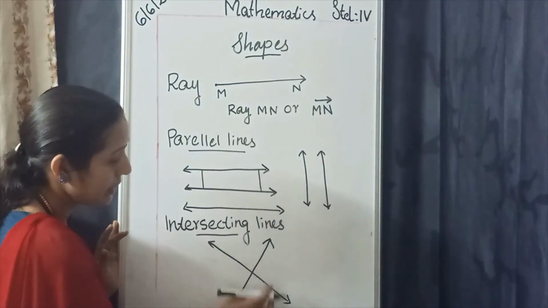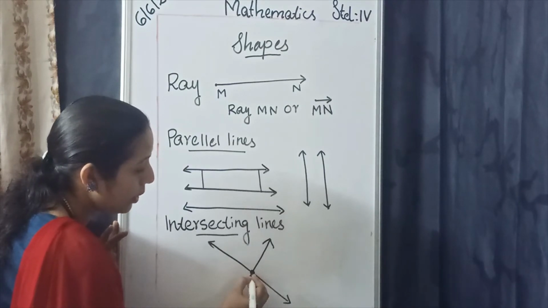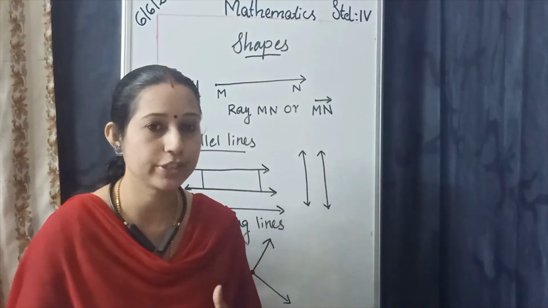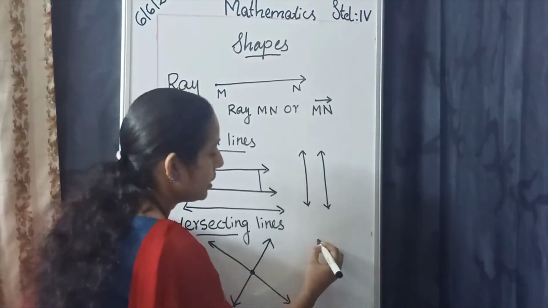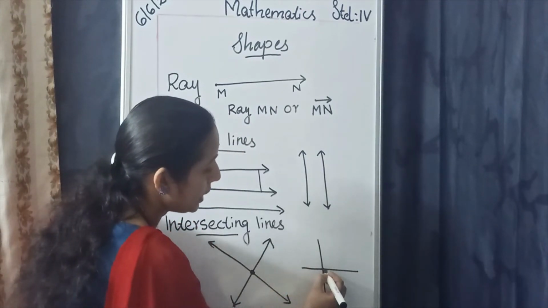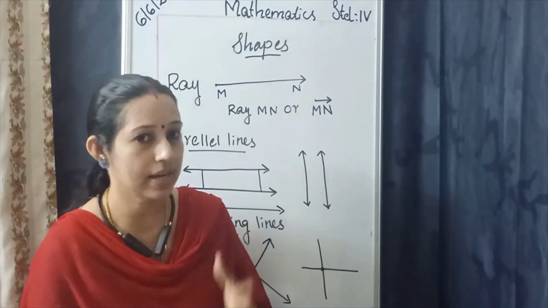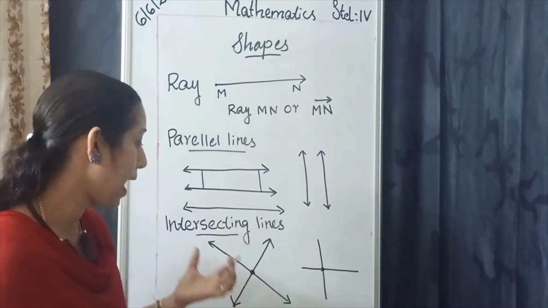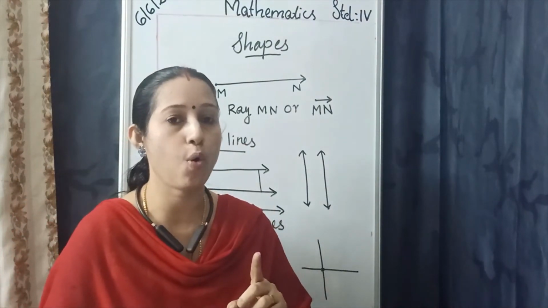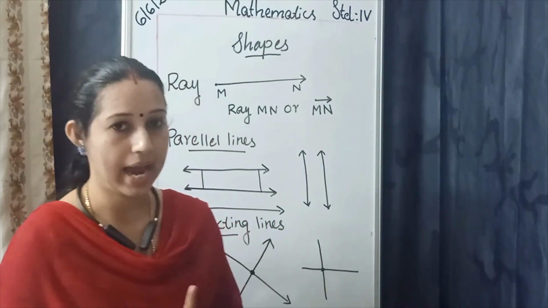Let us draw an example of intersecting lines. So this is a line, this is a line. They meet at one common point. Such lines are called intersecting lines. Here this is an example of an intersecting line. Two lines meeting at one point are called intersecting lines. Intersecting lines means two or more lines that meet at one common point.